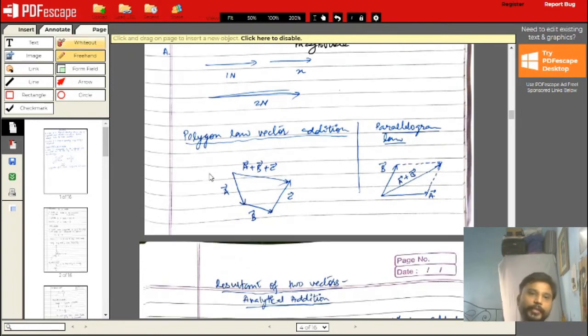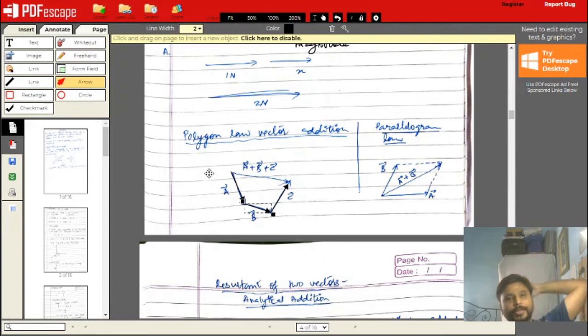The polygon law of vector addition says that if you have multiple vectors, just join the tail and head of the consecutive vectors. So if the tail and head of consecutive vectors are joined, like we have joined here, A, B and C, these vectors are joined like this.